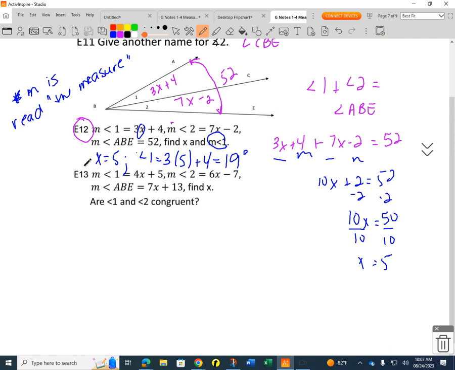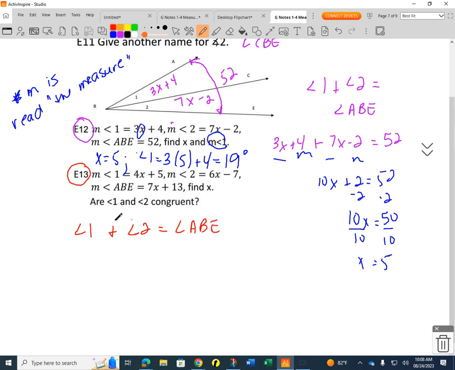All right, let's look at example 13. Now they're telling us that angle 1 has a different algebraic expression to represent its measure. Angle 2 has a different one. And now they're telling us that ABC also is an algebraic expression. So it's still angle 1 plus angle 2 equals angle ABE.